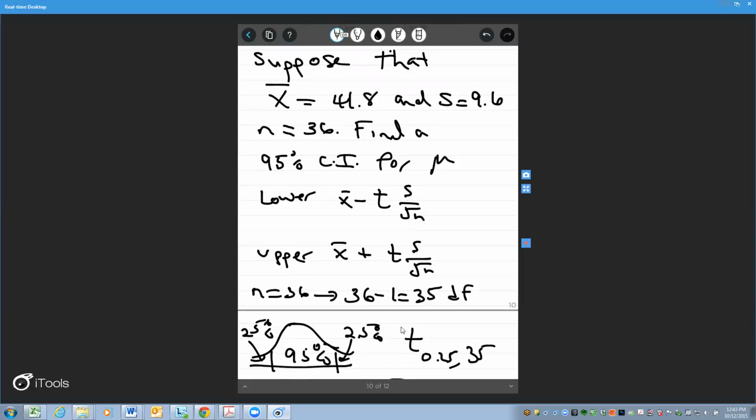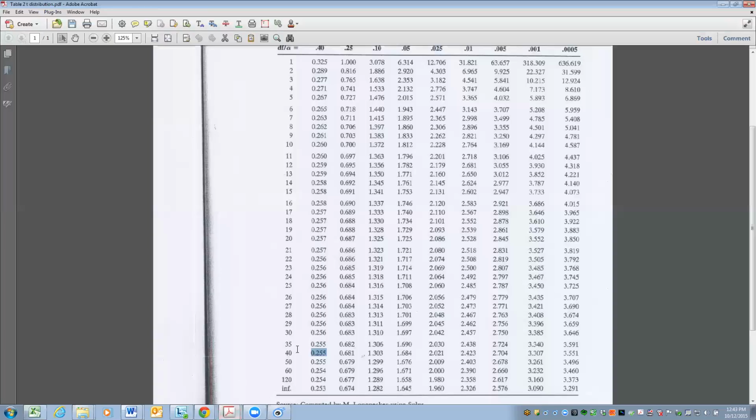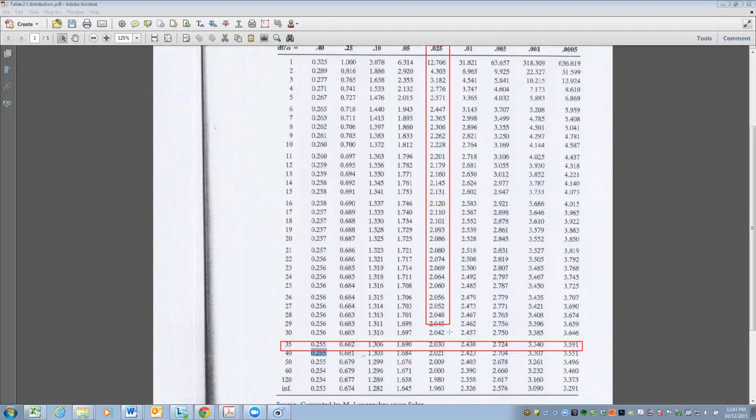So I know that I'm going to look in the 35 row for the t distribution and in the 0.025 column. If I do that, I get the 35 row and the 0.025 column. I see that I get a t-value of 2.03.